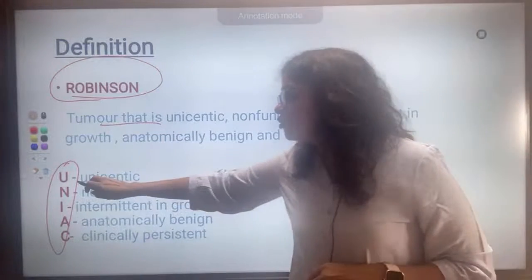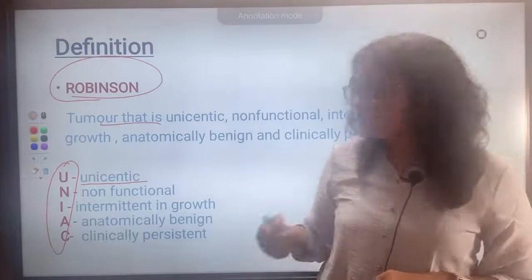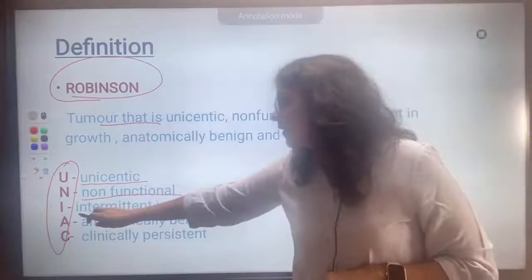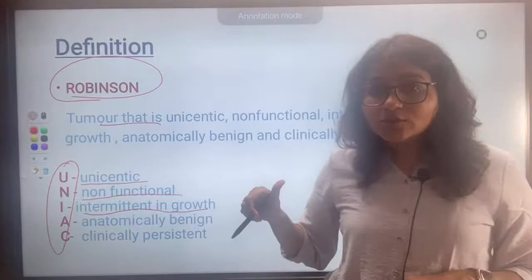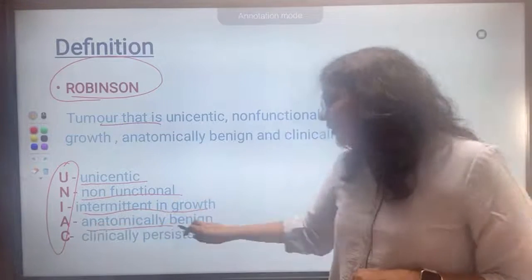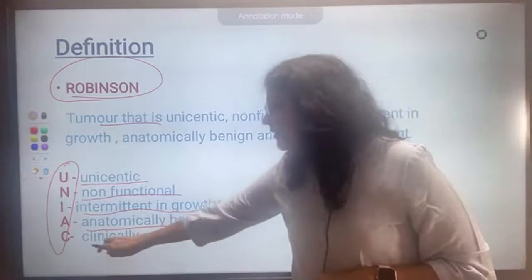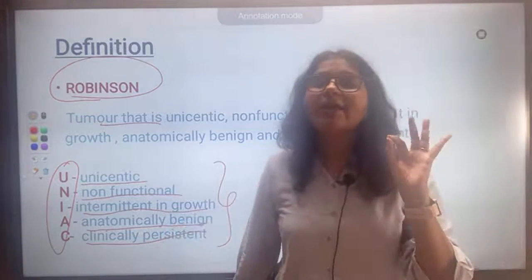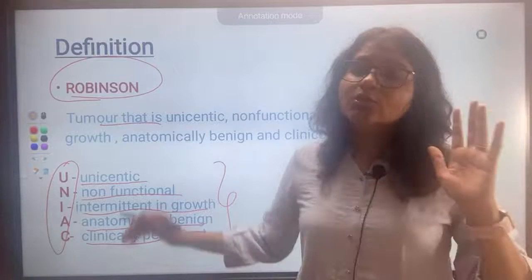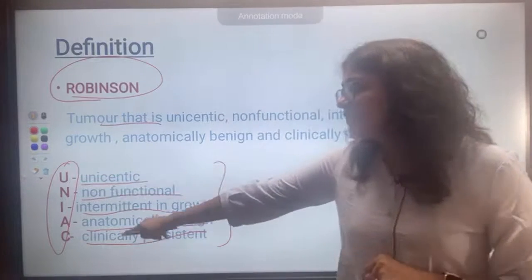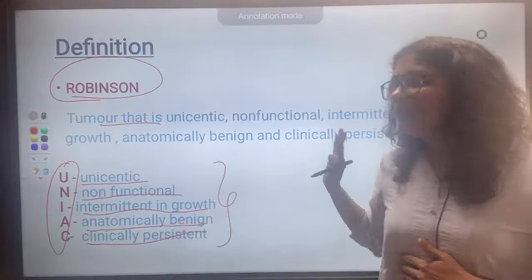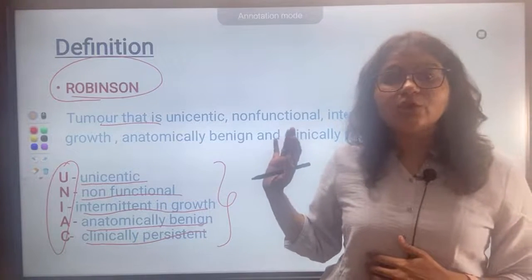So a tumor that is unicentric, non-functional, intermittent in growth, anatomically benign, and clinically persistent. Remember these 5 points. So, a tumor that is unicentric, non-functional, intermittent in growth, anatomically benign, and clinically persistent. This is the definition of ameloblastoma.